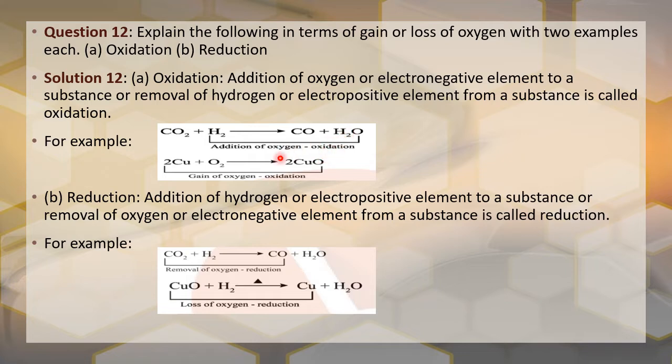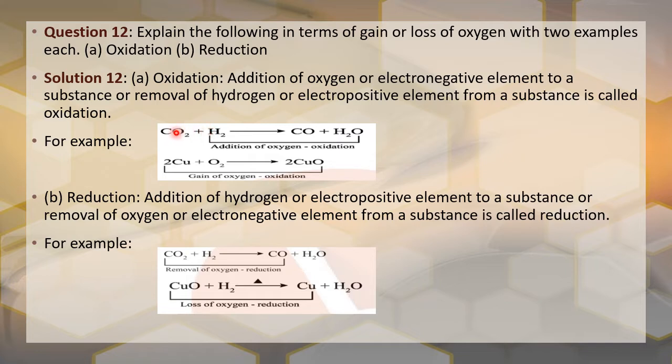Now, you see the other part. Here, from this carbon dioxide, we have removed the oxygen. This oxygen only has gone here. Oxygen has to come from the reaction only, no? Therefore, we have removed oxygen from the carbon dioxide and added it onto the hydrogen.